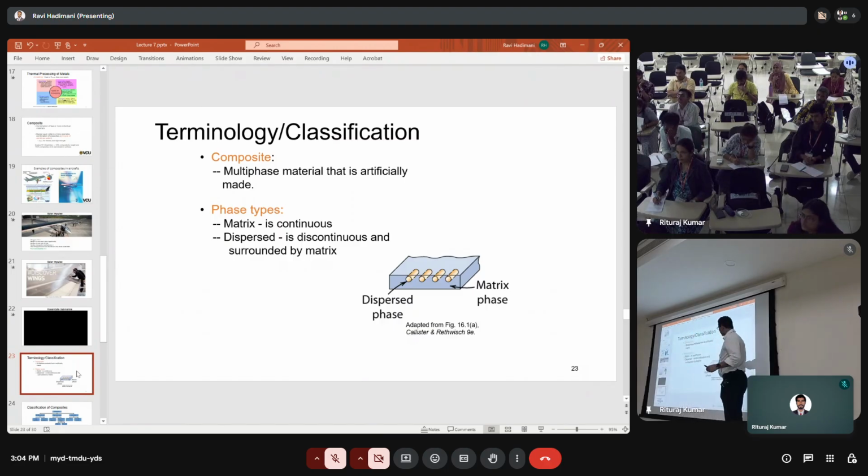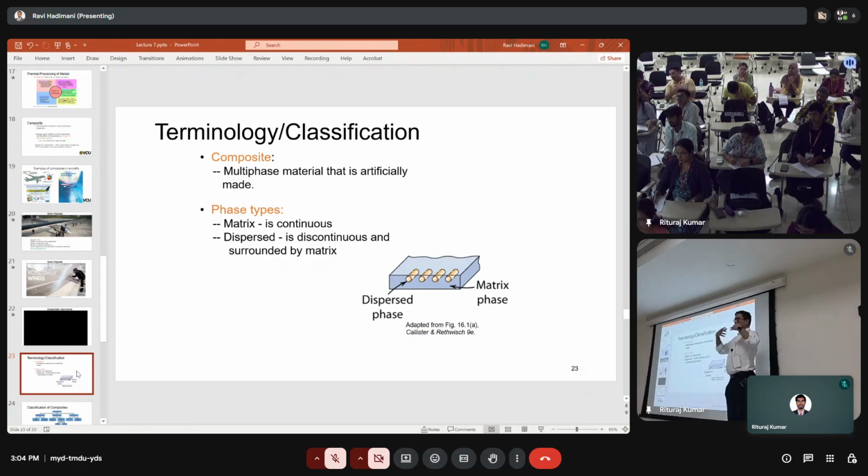The nomenclature is: the matrix is the thing that is continuous, and the dispersed media is the one that is discontinuous. The dispersed phase is usually added in the matrix phase. Matrix phase is the continuous material, and the dispersed phase is a material added to the matrix phase in order to improve certain properties.